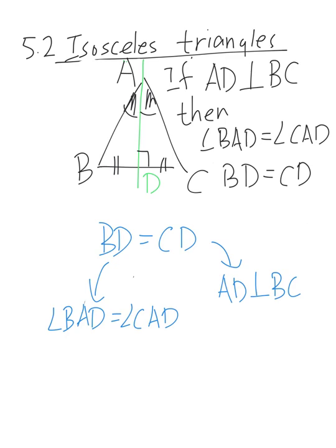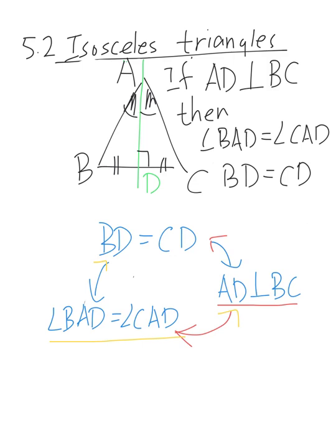Now, at the same time, if AD is perpendicular to BC, then the other two things will be automatically satisfied. Finally, if this angle is the same, then we will find that BD will be equal to CD and the lines are perpendicular to each other.